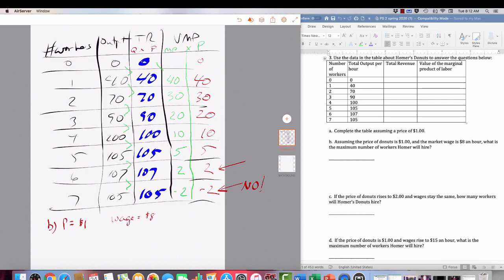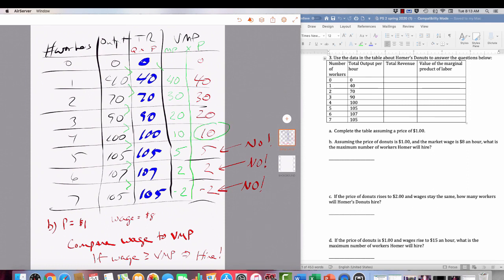The 6th worker has a positive value of their marginal product, but if all they generate for your company is $2, they're not covering the wage. You need to compare the wage to the value of the marginal product. And if the wage is greater than or equal to the value of the marginal product, then you don't hire that person, which means the 5th worker, you don't hire them either because the value of the marginal product is below the wage.